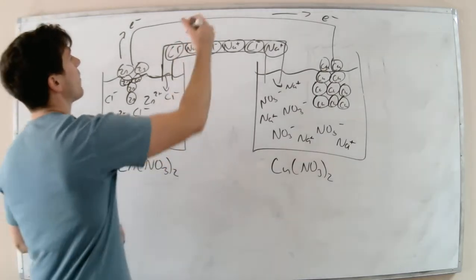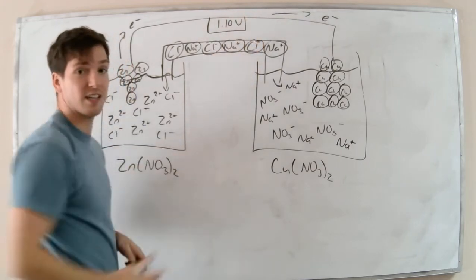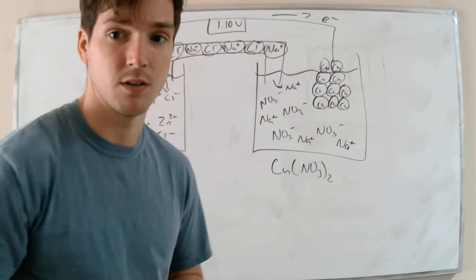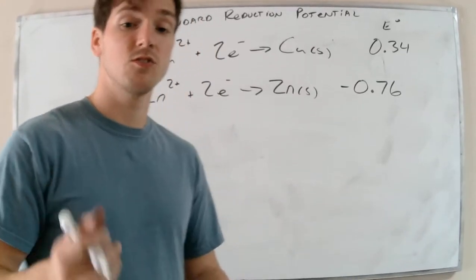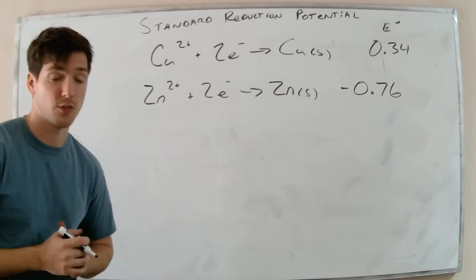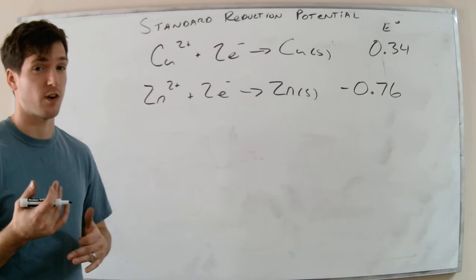So now let's go ahead and talk about how we are going to calculate this cell potential or this voltage from these galvanic cells. So now we are going to talk about which way those electrons flow and how we calculate the voltage of those electrons.